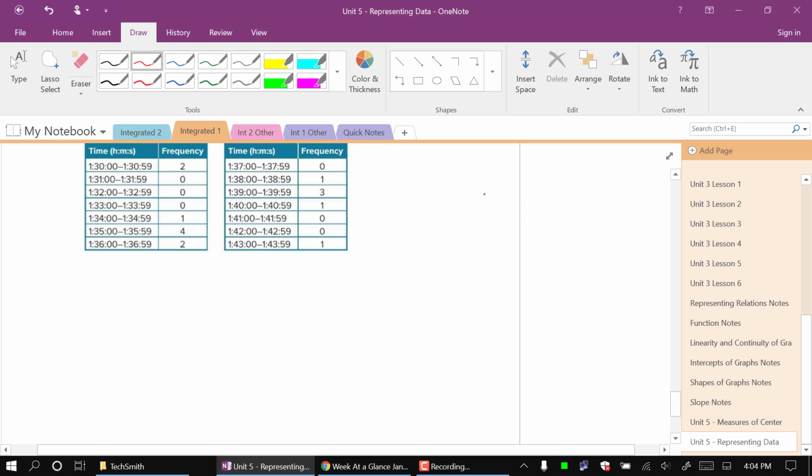So we have the marathon results. So we have the frequency that it happens. So 5, 4, 3, 2, and 1. And then we're going to put each of these categories.